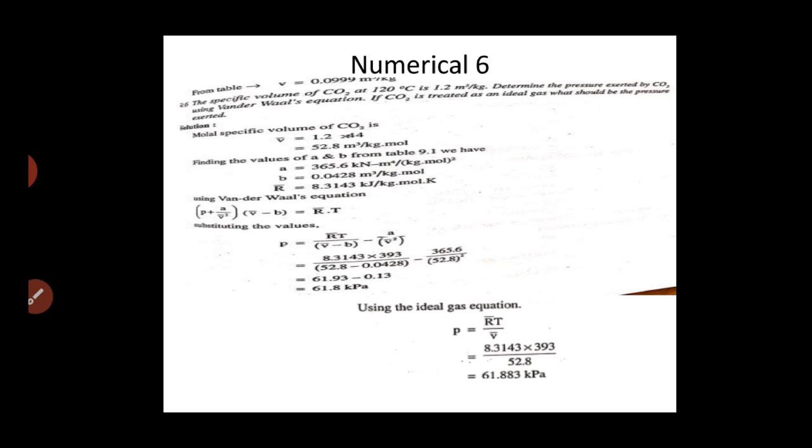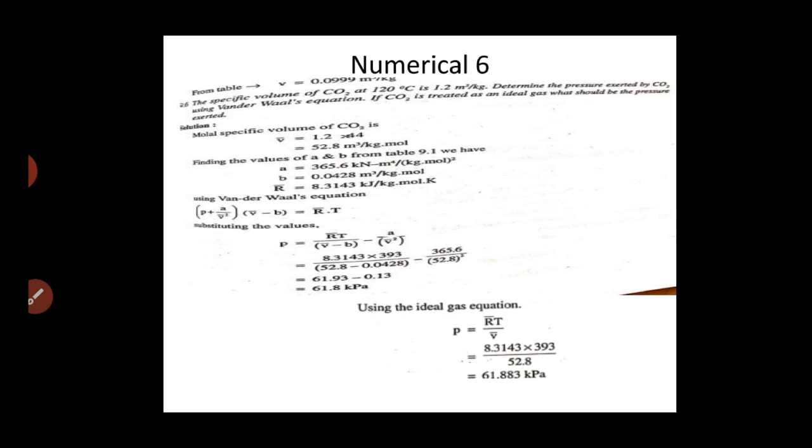When I take this A by V bar squared to the right-hand side, it becomes negative: minus A divided by V bar squared. So substituting the values of R bar, T, V bar, A and B, we will get P.